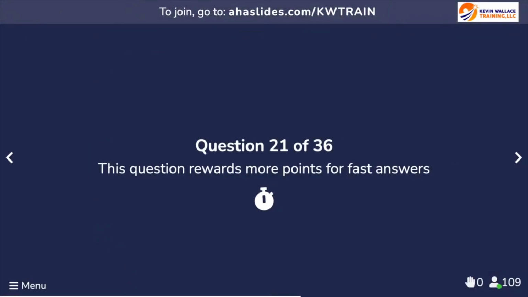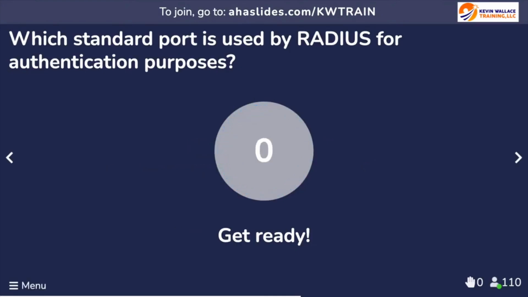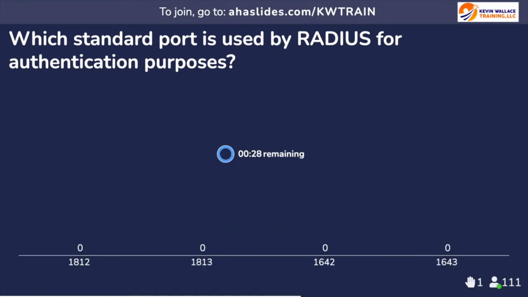So number 21, which standard port is used by Radius for authentication purposes? Is it 1812, 1813, 1642, or 1643?